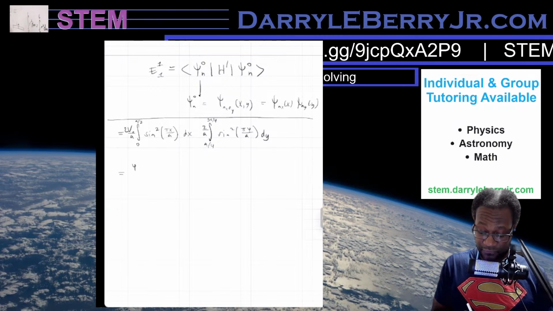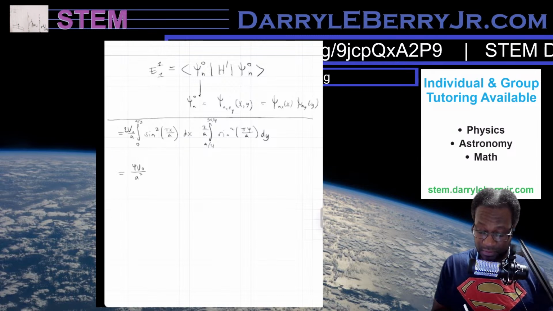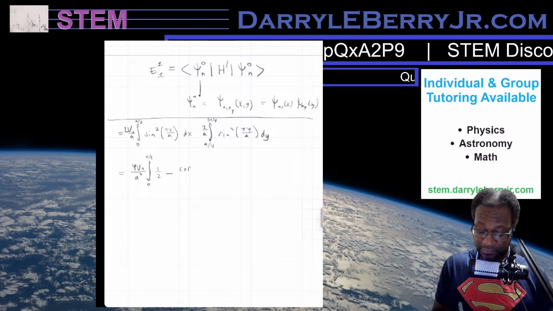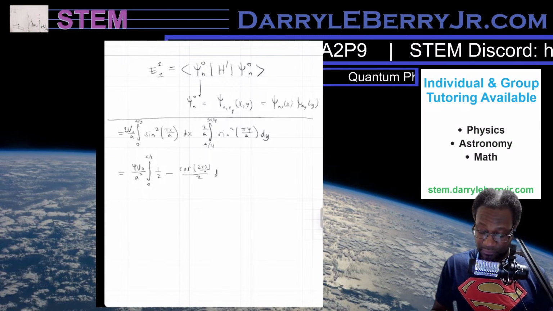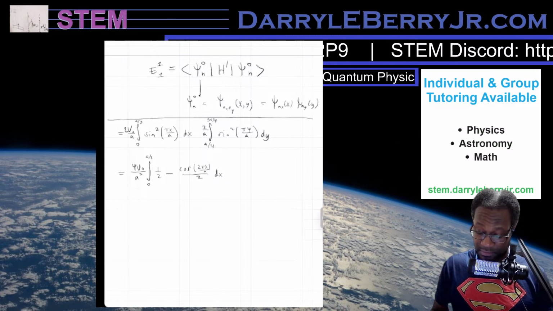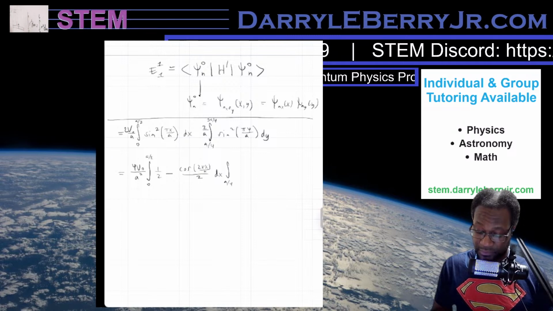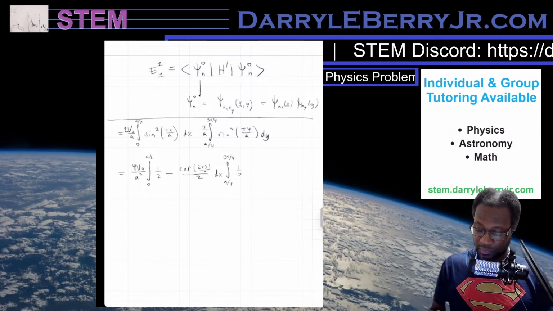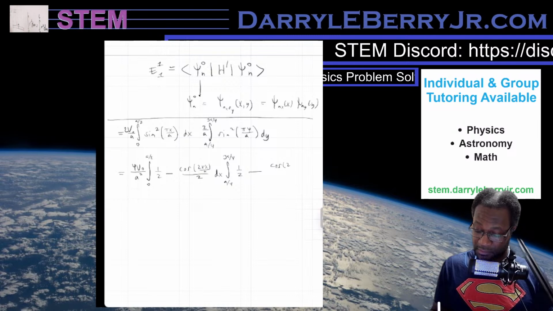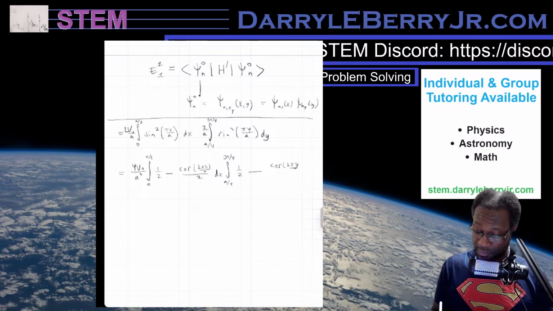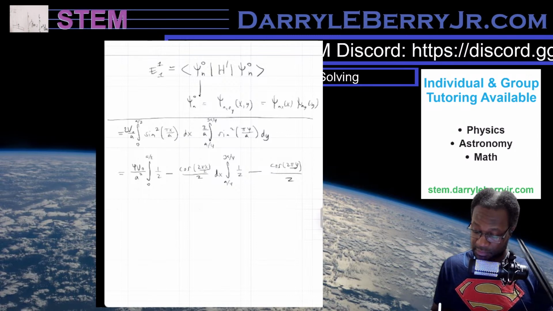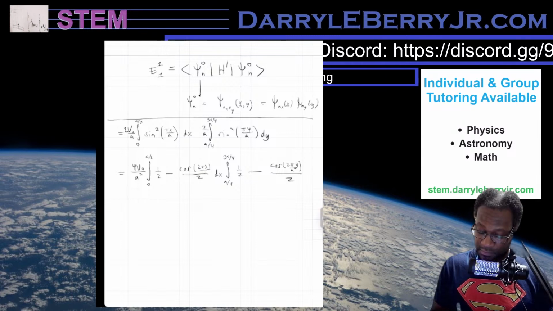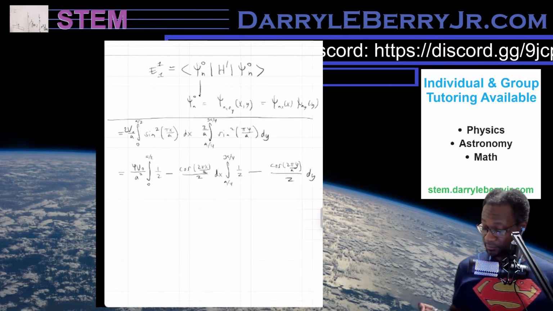So we have 4 V naught over a squared, integral 0 to a over 2 of 1 over 2 minus cosine of 2 pi x over a, over 2, dx, and integral a over 4 to 3a over 4, 1 half minus cosine of 2 pi y over a, over 2, dy, right?